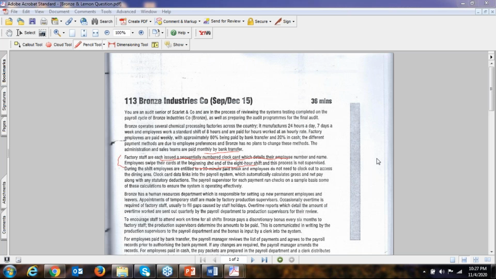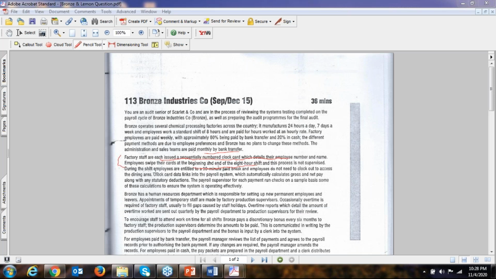So this is the right advantage. This is also a good advantage: no bogus employee can enter into the payroll system. Okay, so this is the first key control which is placed by the management.